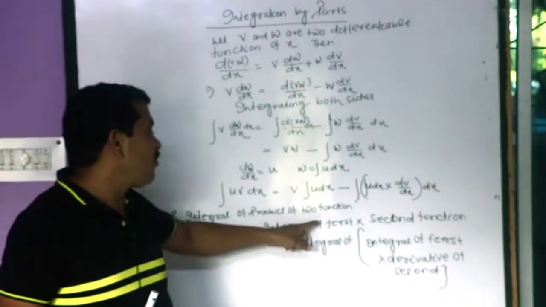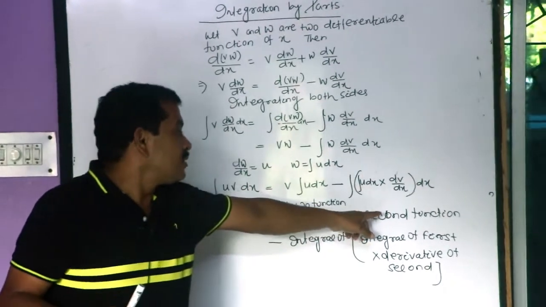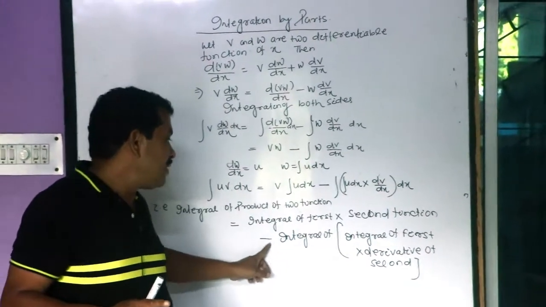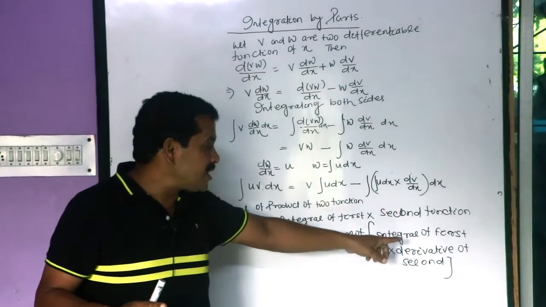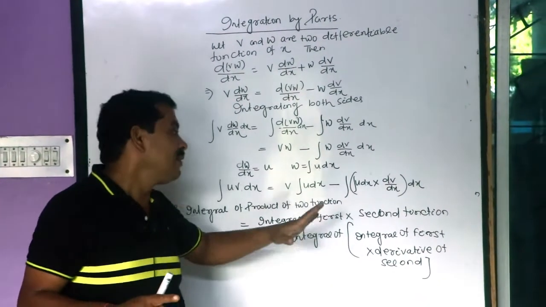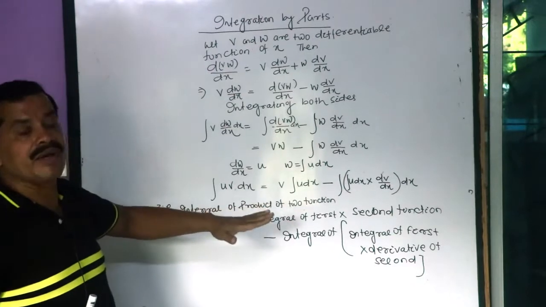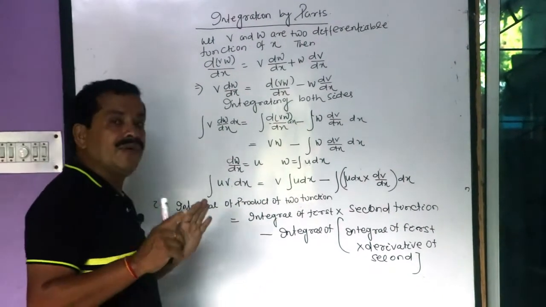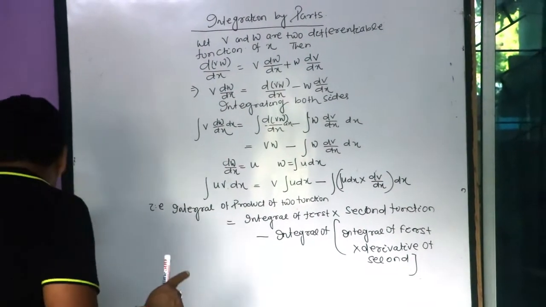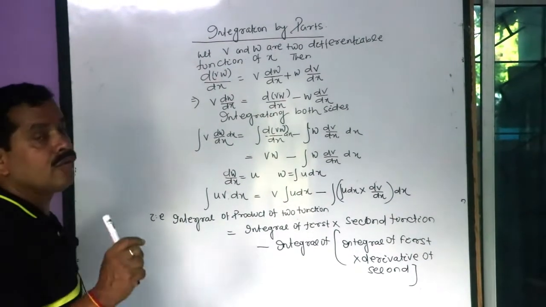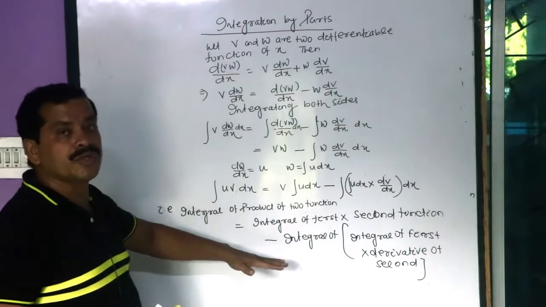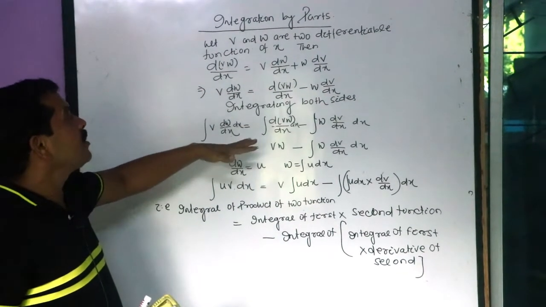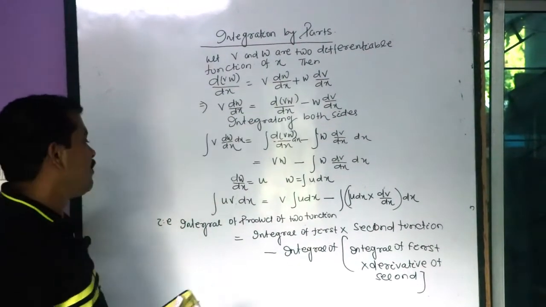Then the rule is: the integral of first into second function minus the integral of, within the bracket, the integral of first into the derivative of second. So first we will discuss which one will be the first function and which one the second function. Then we apply these rules to evaluate the integration.